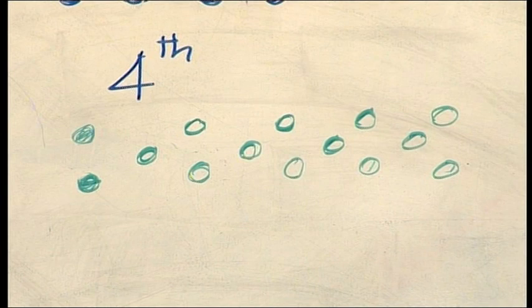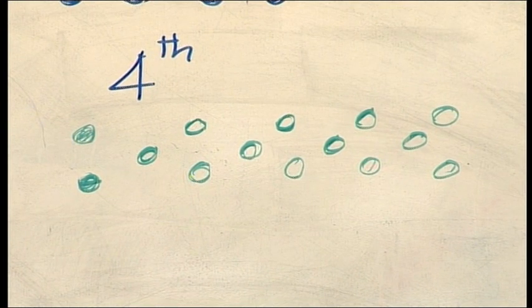Fourth pattern, how many dots do we have? 14. 11 plus 3 would be 14. Okay, let's check to see if we have the same diagrams like the ones we have on the PowerPoint.